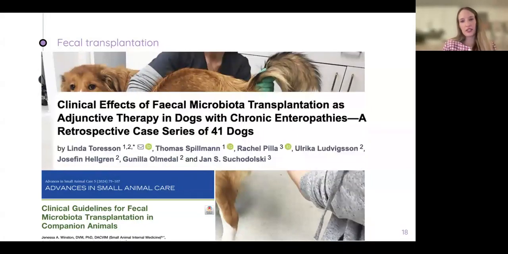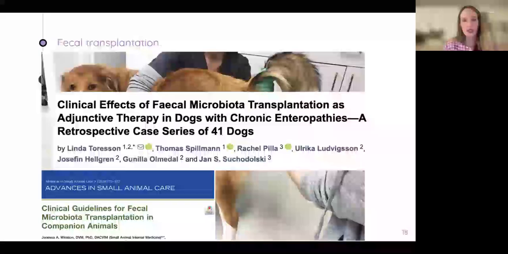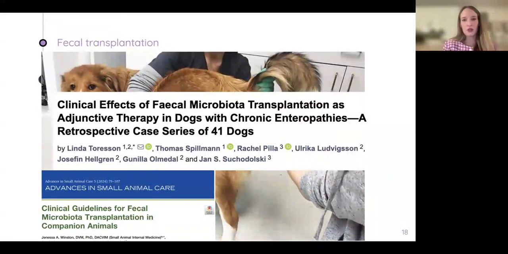But there is one piece of research that I wanted to show you that is quite nice, a retrospective case series where they looked at 41 dogs that received FMT. It's by Linda Torrenson and again Jan Sukudolski, and they managed to show that even in non-responsive chronic enteropathies, they saw a marked improvement in quite a large number of dogs.